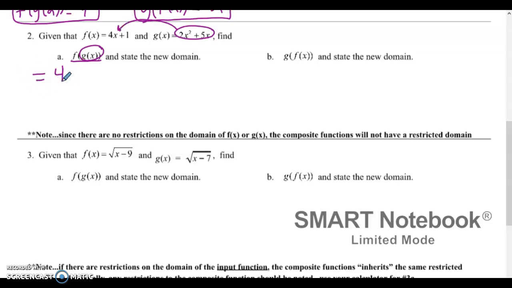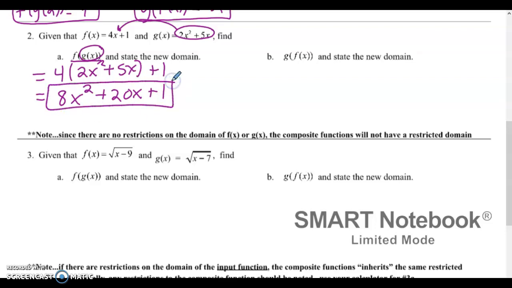So it's 4x plus 1, but instead of x, I'm going to write 2x squared plus 5x, and then I have the plus 1. And then this is going to simplify to 8x squared plus 20x plus 1, and I can't simplify that anymore, so I have to just leave it as is.